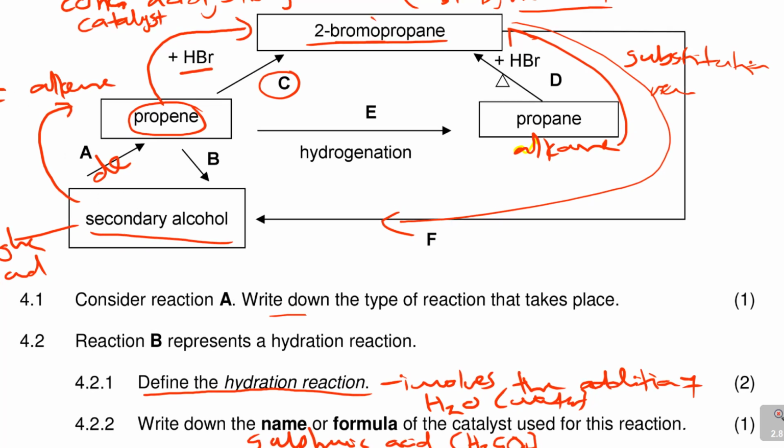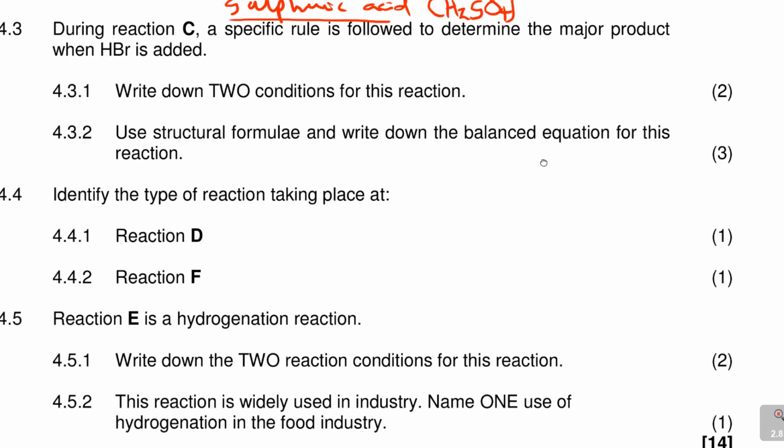Again, from bromo to alcohol, which is OH, is another substitution there. But the right word, whenever you put OH, is called hydrolysis. That's the proper word there, hydrolysis reaction. But substitution is also correct.